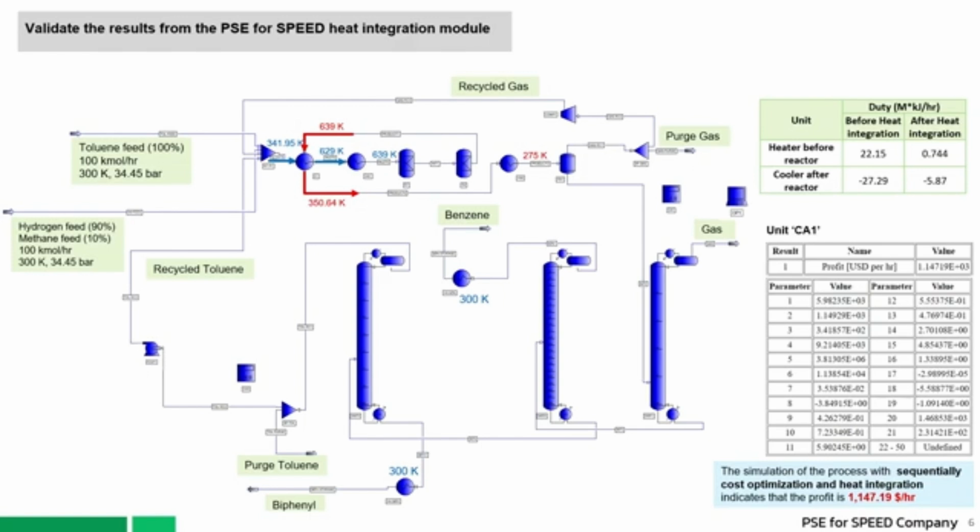These results imply that the simultaneous heat integration and optimization with the PSE for Speed heat integration module tool can improve the process, thus increasing the profit of this HDA process. More details and information on the simultaneous heat integration and process optimization can be found in the simultaneous heat integration and optimization video on the PSE for Speed YouTube channel.